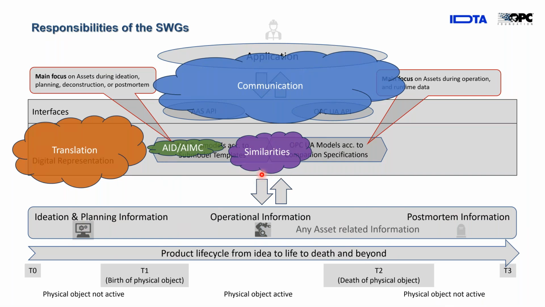And the similarities working group is working on the interface part, let me say so, the overlapping part of the two specification worlds, and yeah, solving such problems when they occur at this point.